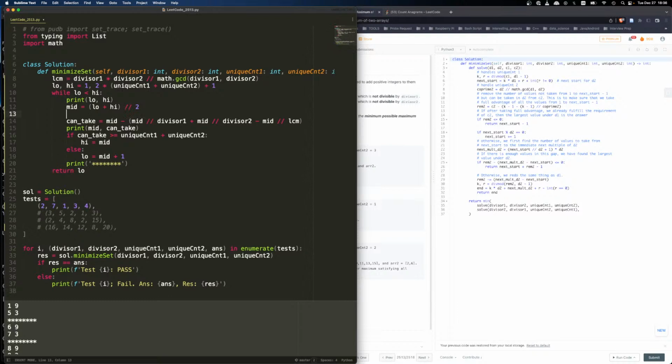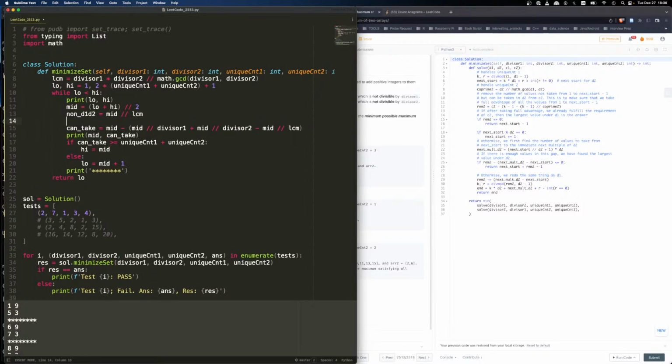But we can do, okay? So we can say none d1 d2 shall equal to mid LCM. Okay. None d1, cannot be taken by d1, shall be mid divided by divisor 1 minus none d1 d2.